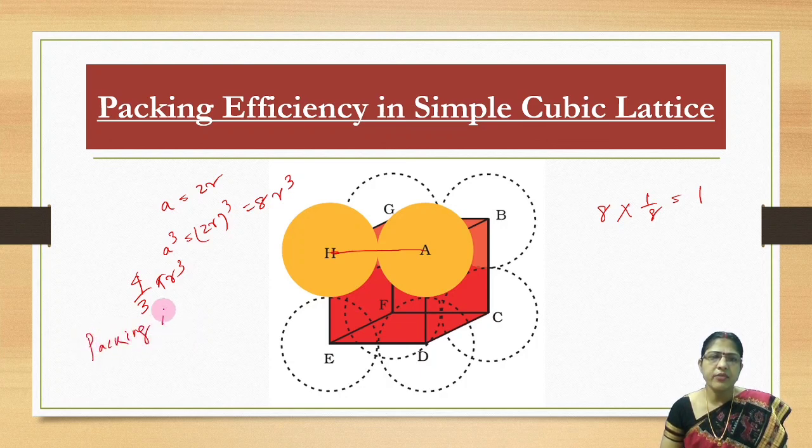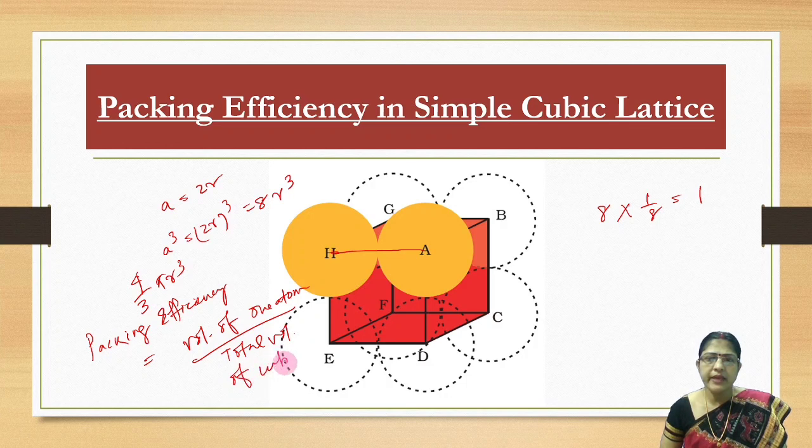lattice? Packing efficiency, same formula we have to apply, is equal to volume of one atom, because Z effective is 1, divided by total volume of the cubic unit cell into 100%, right?